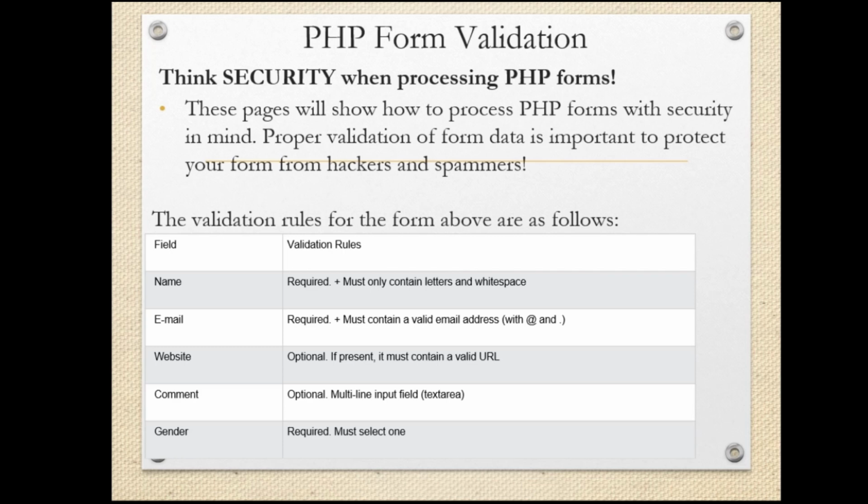The validation rules for the form above are as follows. Students, basically we can validate various fields with validation rules. First one, we have name: required, and must only contain letters and white spaces. When you are using the attribute name in your input type, it should be set as required.